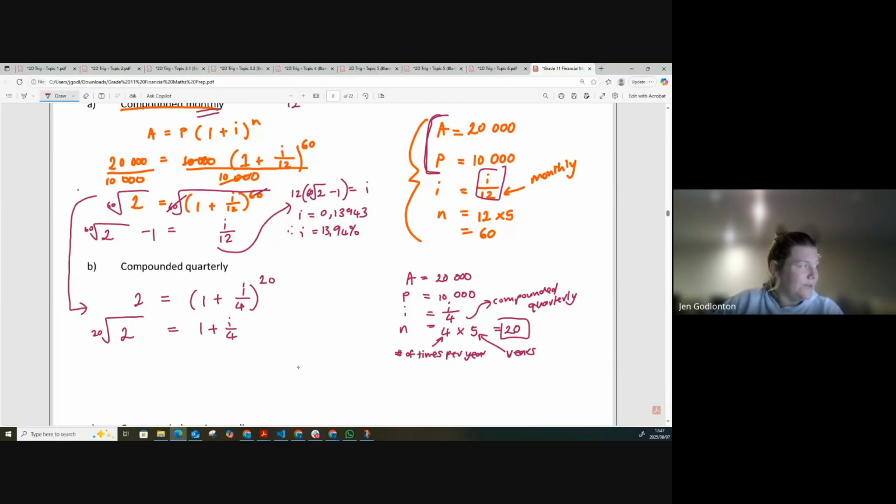And then we're going to minus that 1. Then we are going to multiply all of this by 4. And that is going to give us our I. And our I is going to equal 0,141059, which means as a percentage, it will be 14,11%.